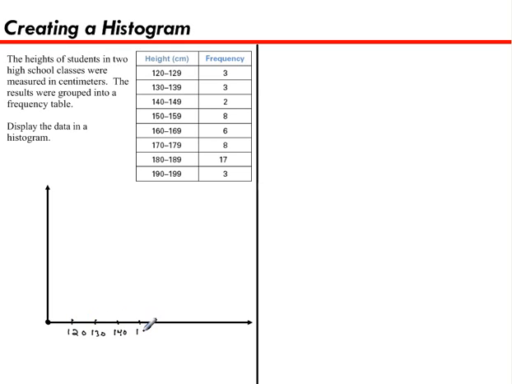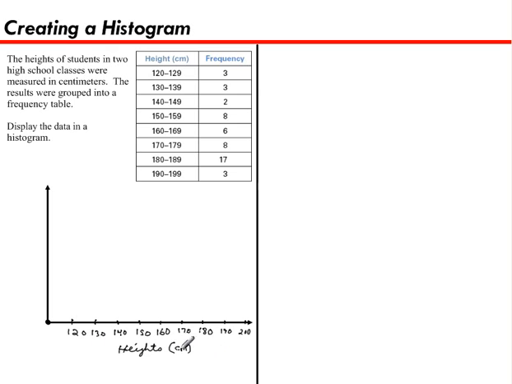And then 150 and 160 and so on until we've gone all the way up to, we'll go from 190 all the way up to 200. Next, we need a title for our axis, just like always. And in this case, we're just measuring the heights of students. And our units, that's important too, is centimeters.